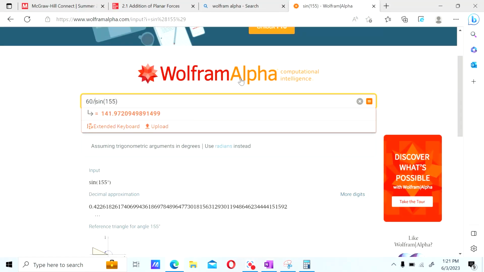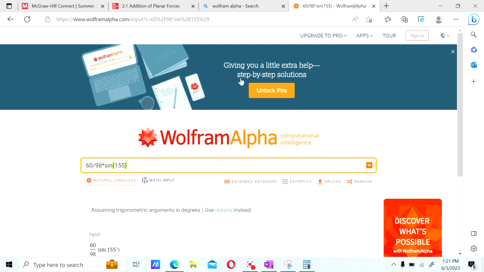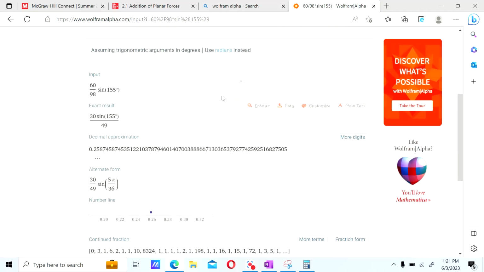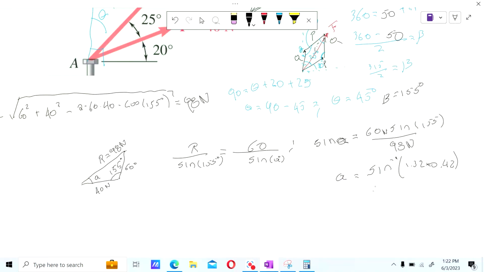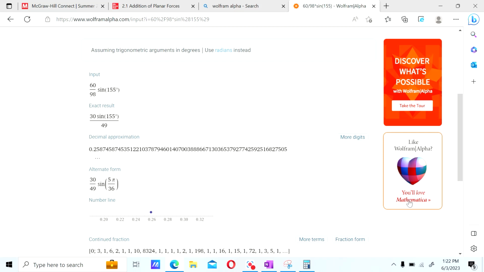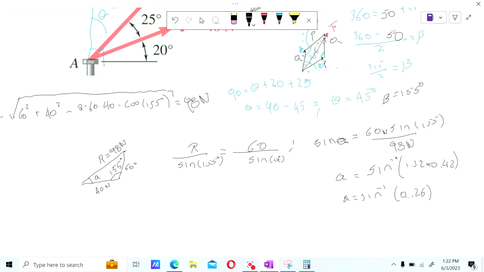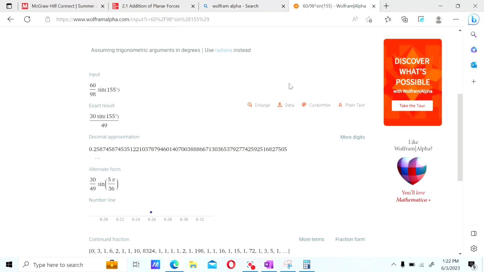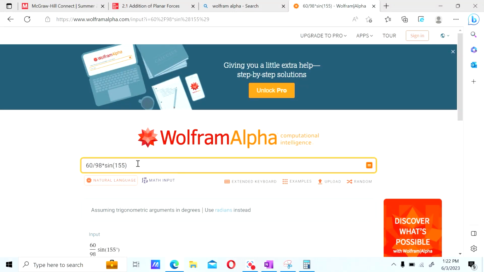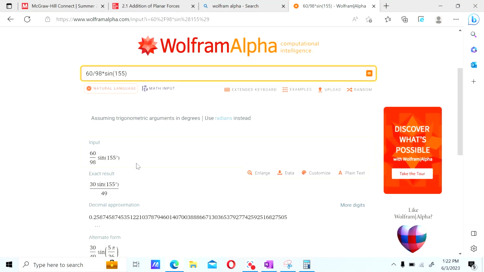60 divided by 98 times 0.258. Let's say A equals sine inverse 0.26 because it's 25.8. All right. So let me see if I remember how to do sine inverse here.